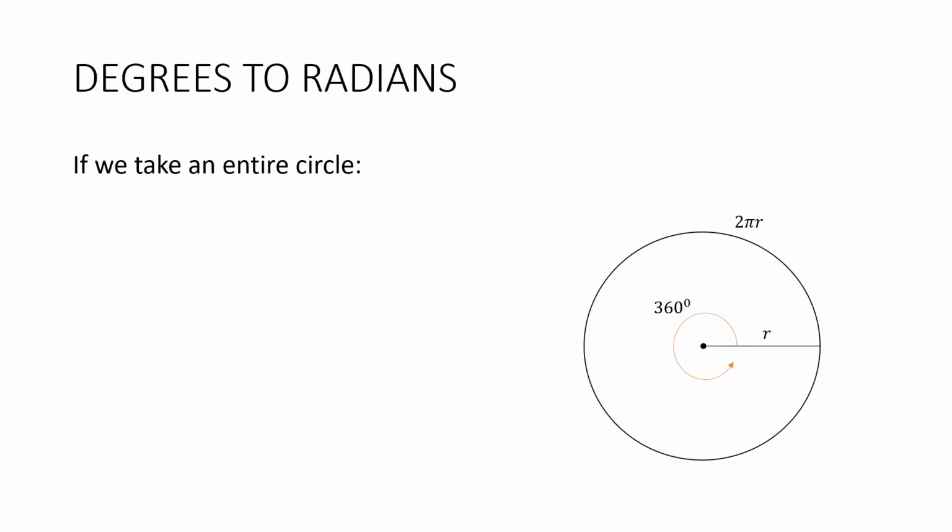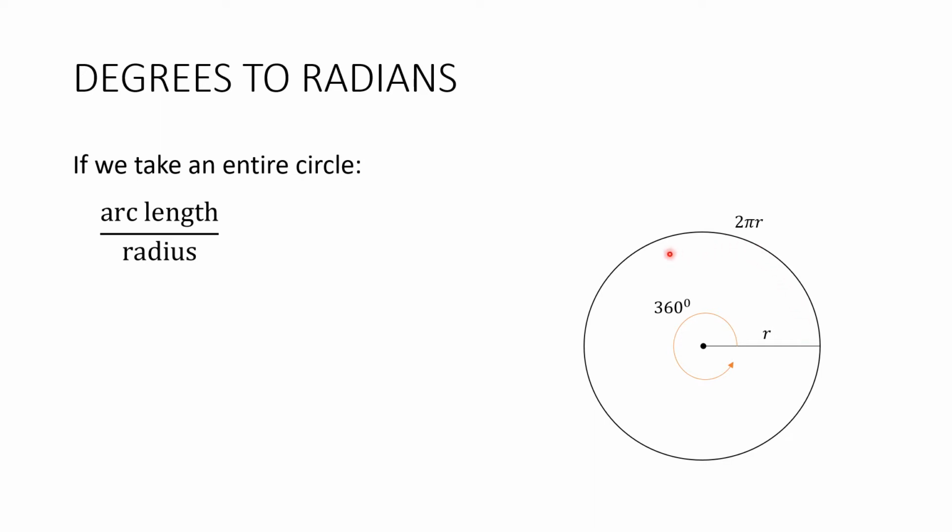Let's look at how we convert between degrees and radians. If we take an entire circle, then the angle of turning at the center is 360 degrees, whereas the distance run on the circumference is 2 pi r. Now we said before that 1 radian is when the arc length is equal to the radius. But more simply, we can calculate the number of radians by working out the arc length divided by the radius.